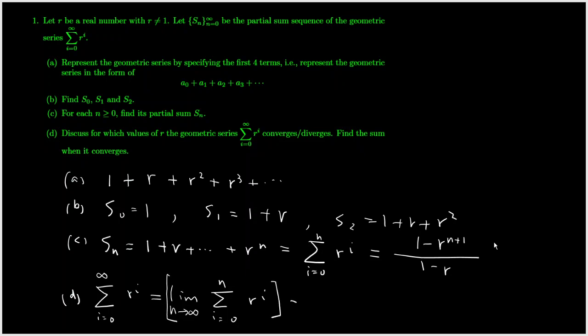And then it's the same thing as the limit as n approaches infinity of the partial sum Sn, right? We have computed Sn. Now you just compute the limit as n approaches infinity. As n approaches infinity, we have a closed form in here: 1 minus r in the denominator, and on the numerator, you have 1 minus r to the power of n plus 1.